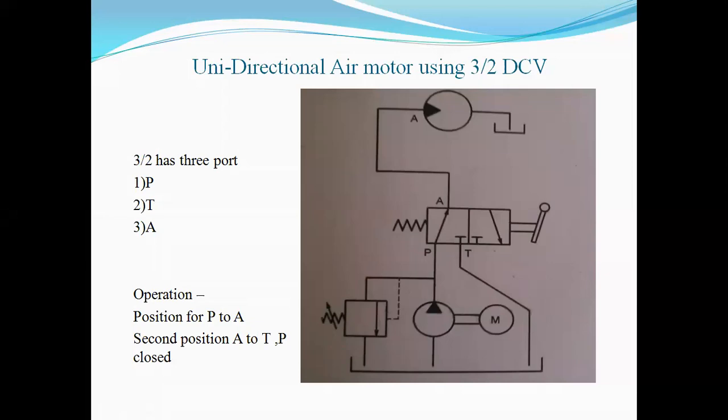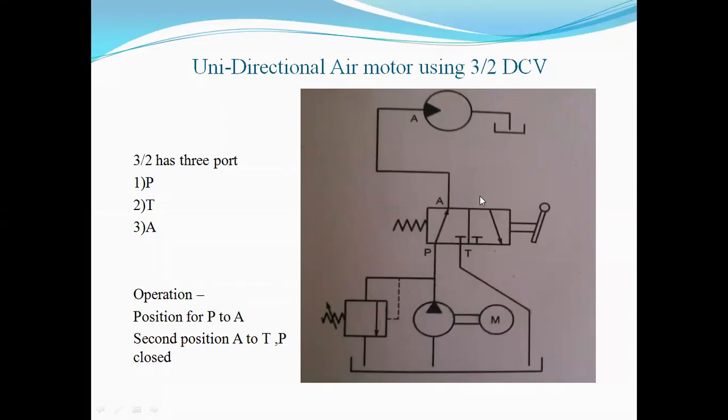And if you try to rotate it in another direction, there is a chance of breakage. Okay, so if we try to connect this pressure line at this portion, the motor will not start revolving. Instead of that, it will fail.